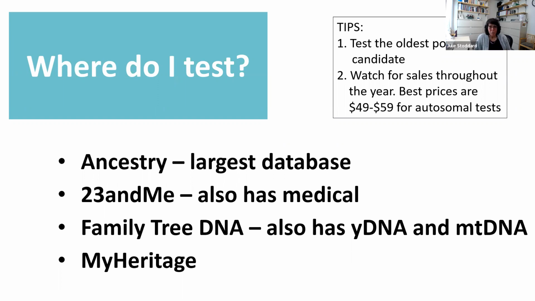It also gives you the biggest chance of finding DNA matches. But not everybody tests at Ancestry. 23andMe, Family Tree DNA, and MyHeritage, all four of these are autosomal DNA tests, and so you're going to get different matches depending on where you test.